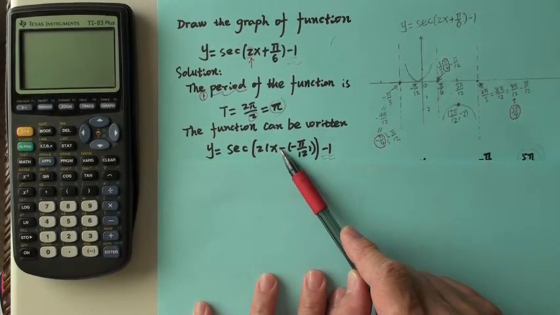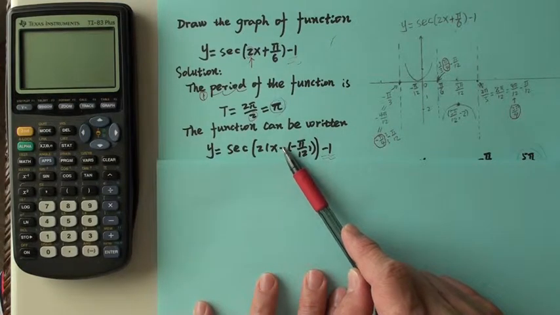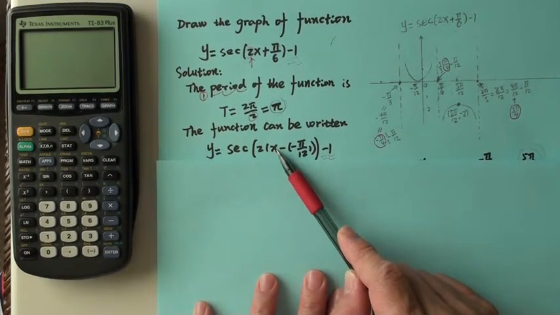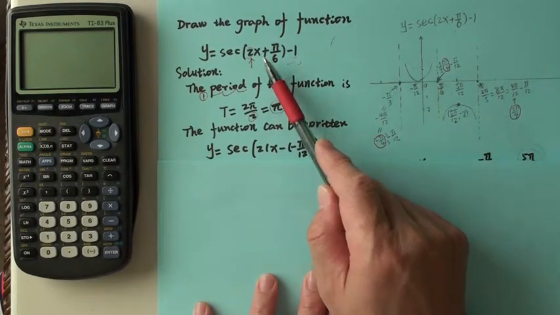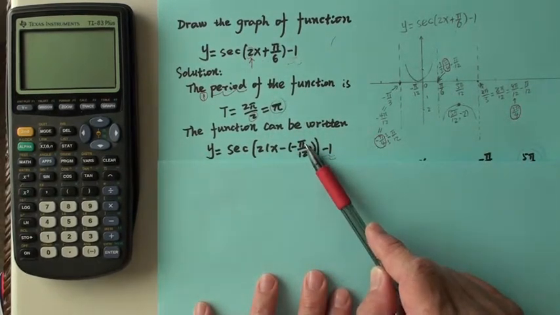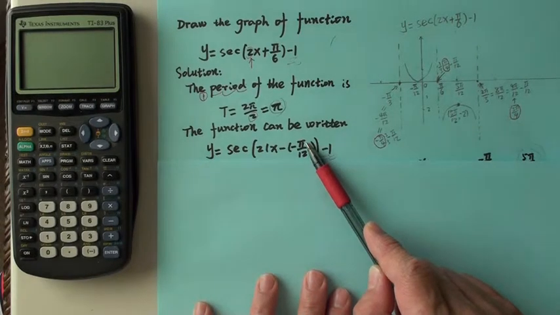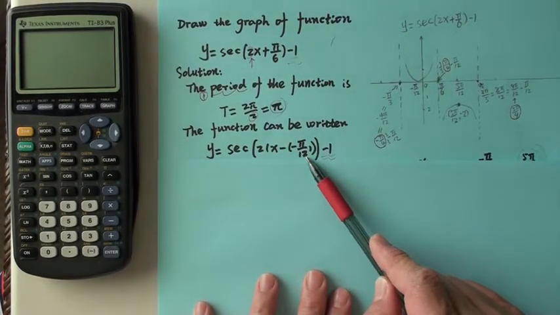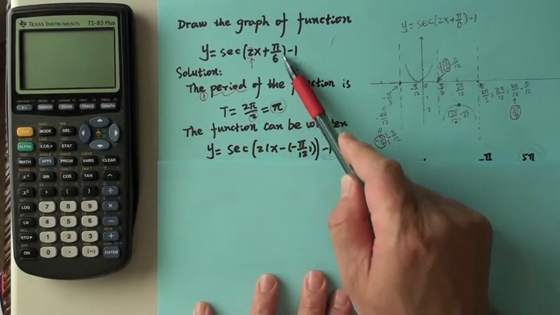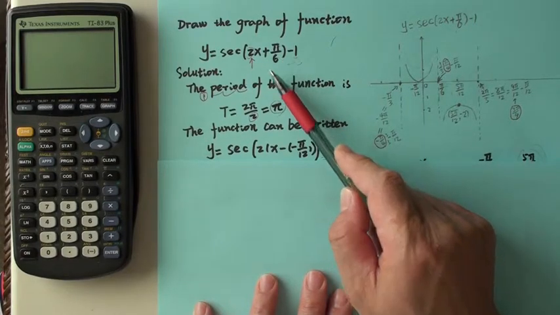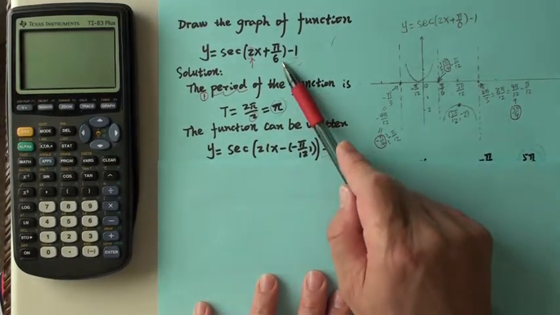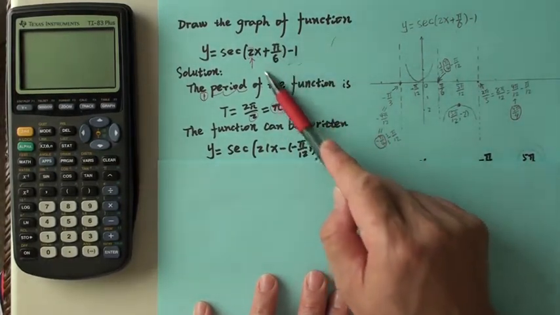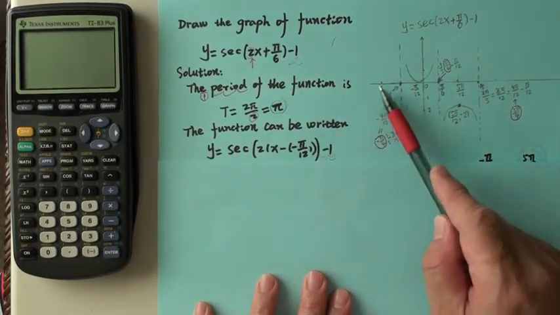Down here, minus a negative is going to be positive. 2 times x is 2x, and 2 times positive pi over 12, the 2 cancels one factor, so it's going to be 6 in the denominator. It goes back to the original, so the above one can be written like this.